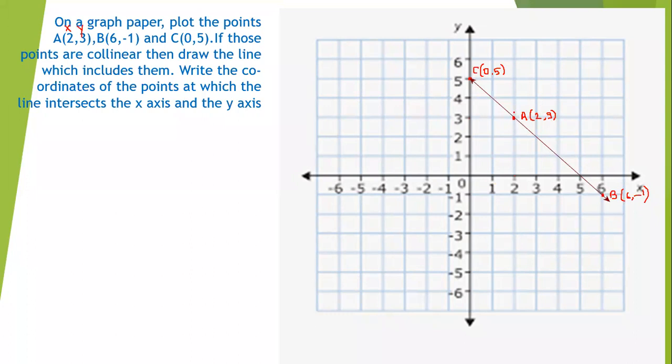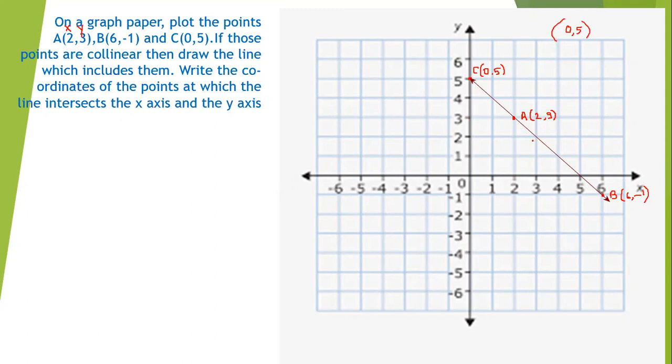So if you see, this line is touching the y-axis over here. So what will be the coordinates of this point? The coordinates of this point will be 0, 5, right? So I'm just writing over here 0, 5. You don't have to write on the graph, okay? You have to write in the writing space, but just for understanding, I'm writing over there.